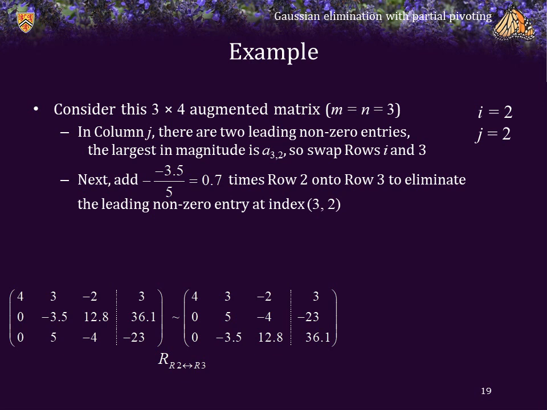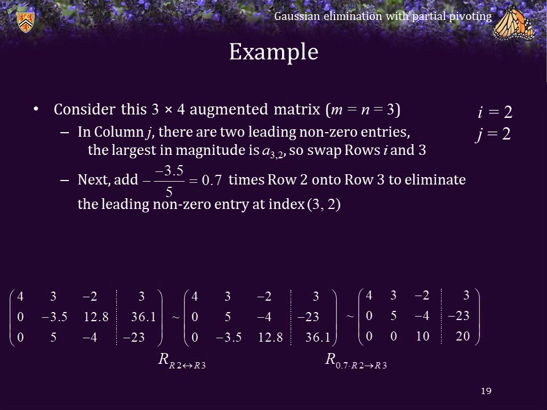Well, there's only one, and that's in row 3, so the negation of negative 3.5 over 5 is positive 0.7, so we add 0.7 times row 2 onto row 3, and that will eliminate that leading non-zero entry at index 3, 2.